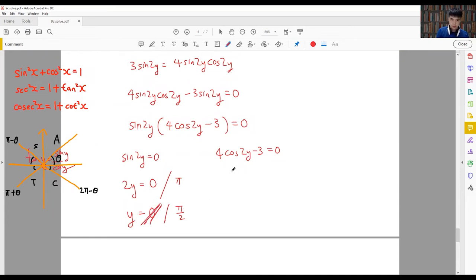The second one, cos 2y is actually equal to 3 over 4. And then 2y is inverse cos of 3 over 4. Make sure your calculator is in radian mode in this case. You have either 0.722723 or the second cos will be 2 pi minus answer, 5.56.